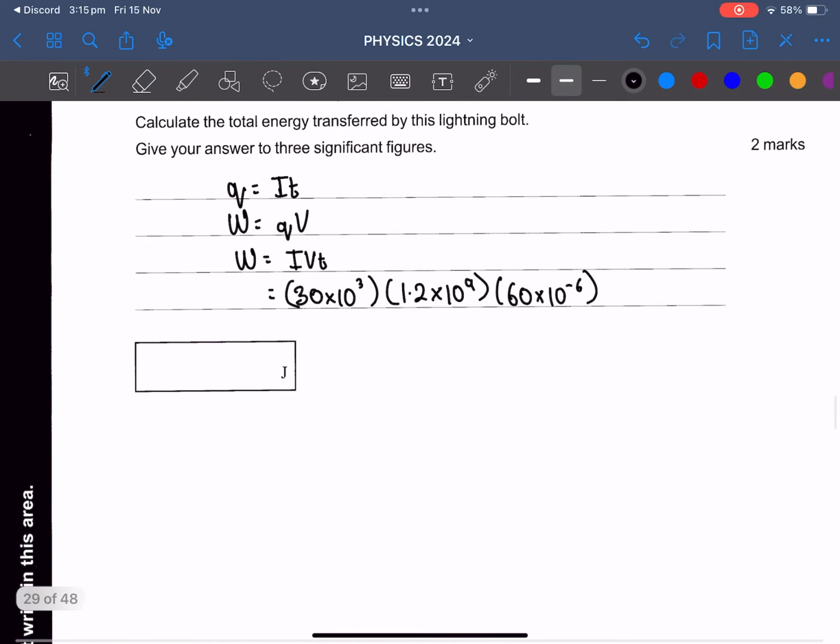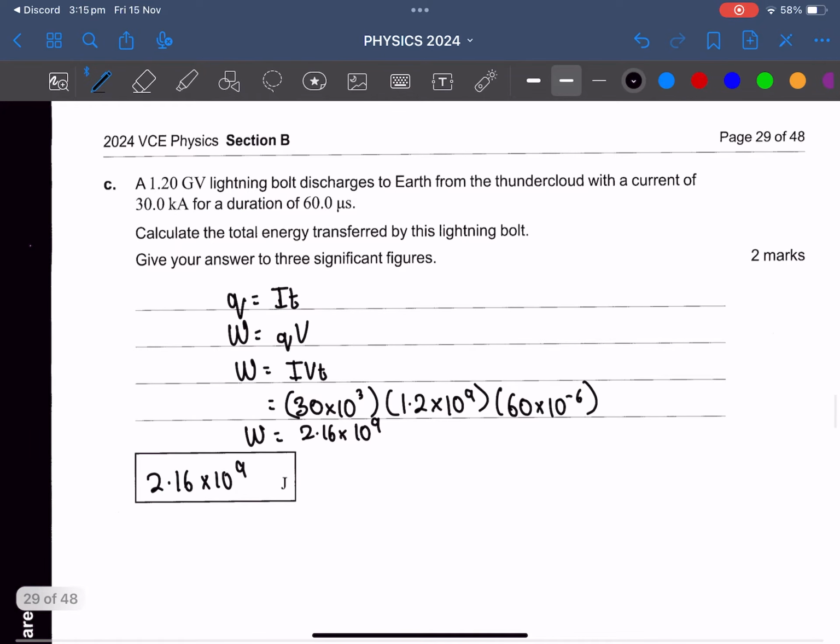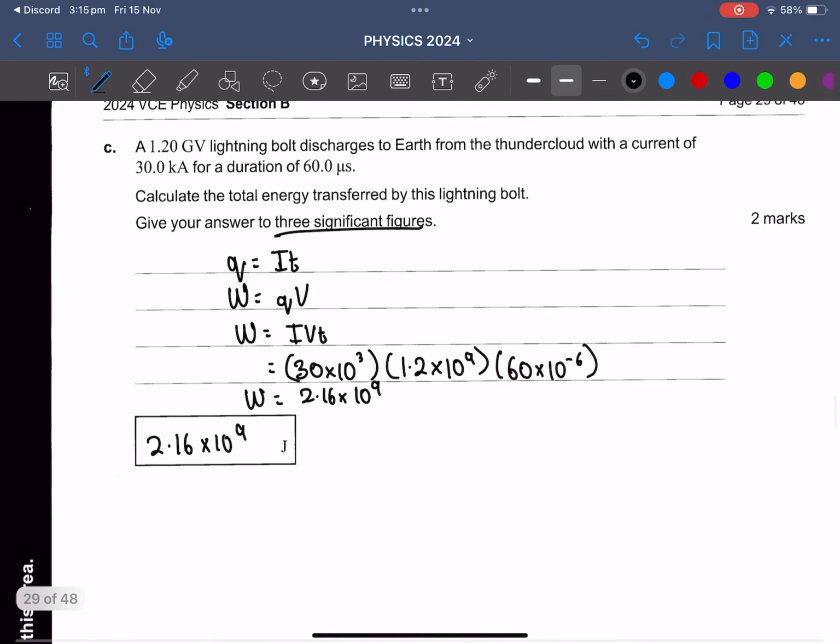Let me put that in the calculator. So 30 times 10 to the 3 times 1.2 times 10 to the 9 times 60 times 10 to the minus 6. I get 2.16 times 10 to the 9. Oh yeah, 3 sig figs, that's good. Okay, next question.